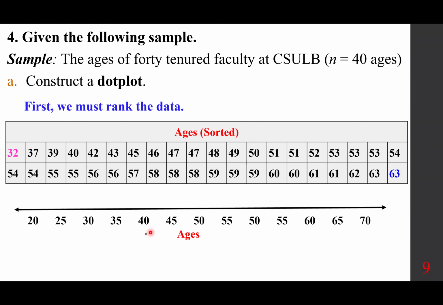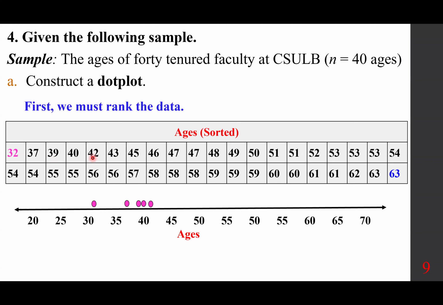So we start with the first one, and we locate it somewhere here. We put a dot, okay. 37, somewhere here we put a dot. We're going to do the same thing with 39, 40, 42.